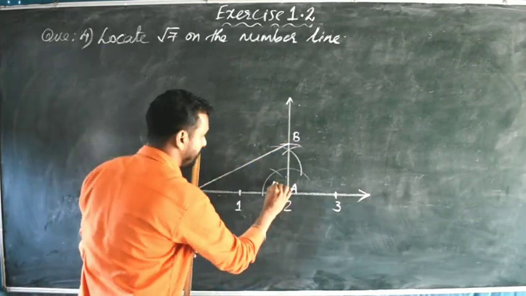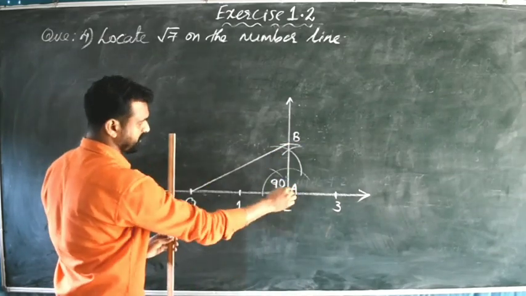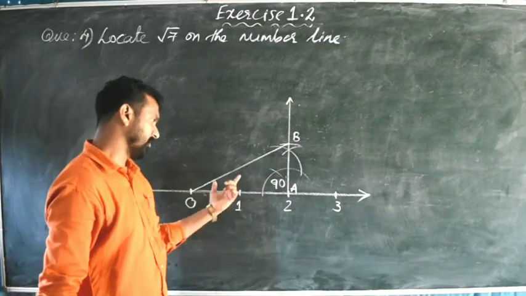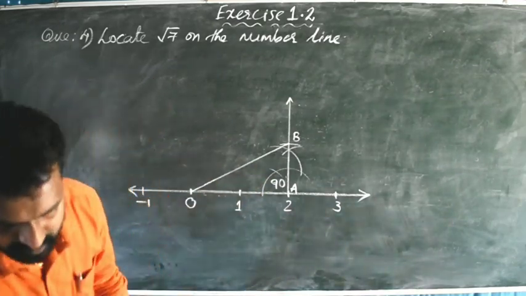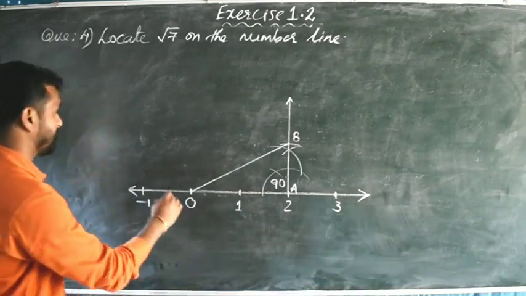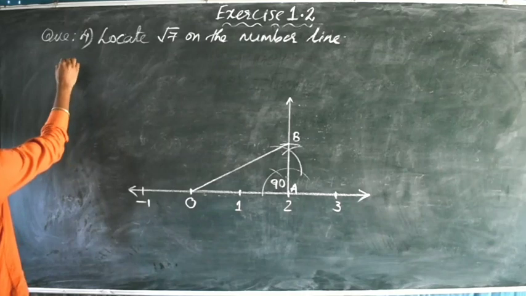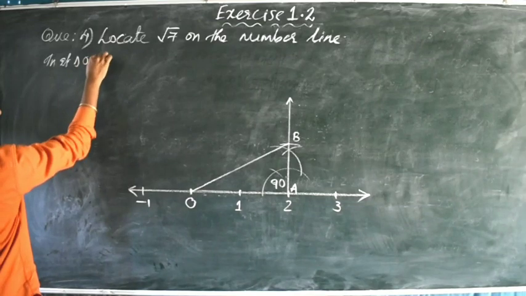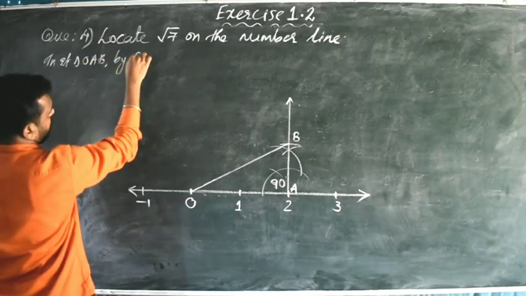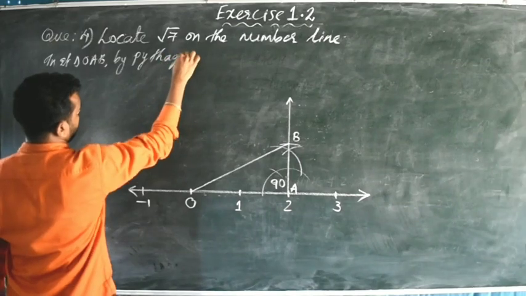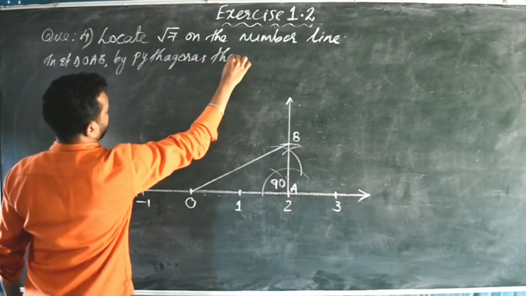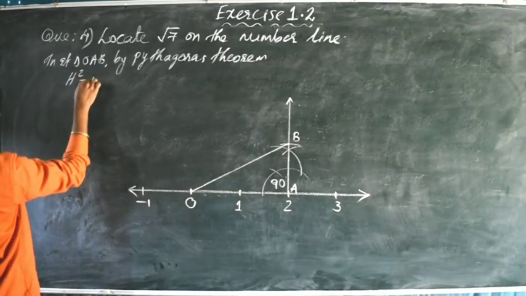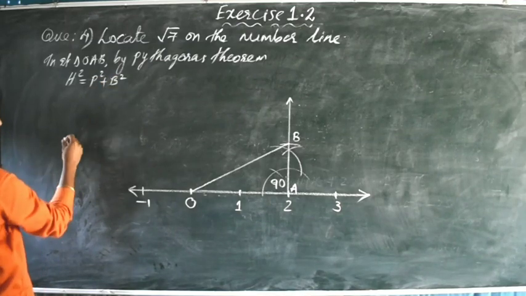Now here we actually made 90 degrees. This AB is perpendicular to this OA, or this number line. So this one is a right angle triangle. Now we will find OB by using Pythagoras theorem. In right triangle OAB, by Pythagoras theorem, hypotenuse square is equal to perpendicular square plus base square.